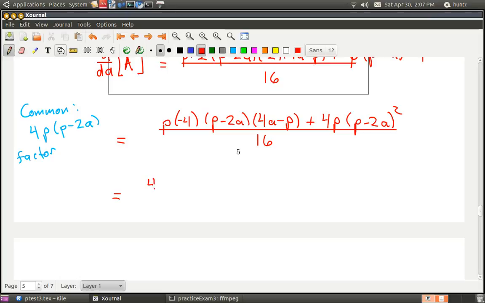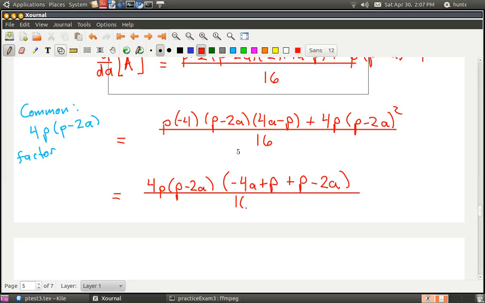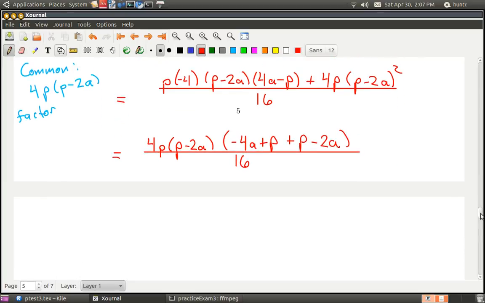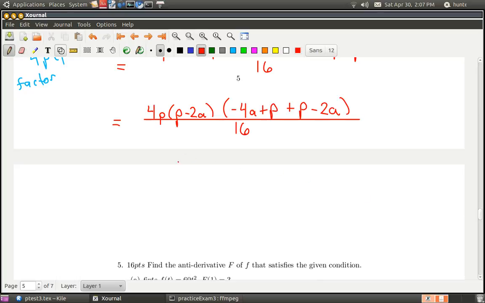I get 4P times P minus 2A, and now after the factoring I get minus 4A plus P for that part, and what's left over here is much less, is plus P minus 2A. It's getting nicer. Over 16.